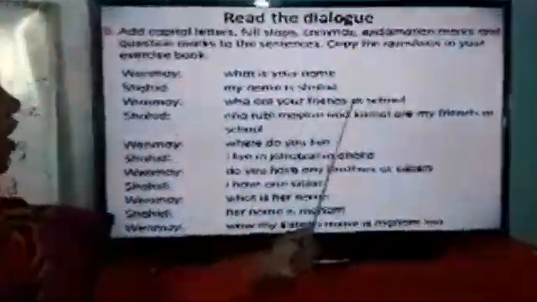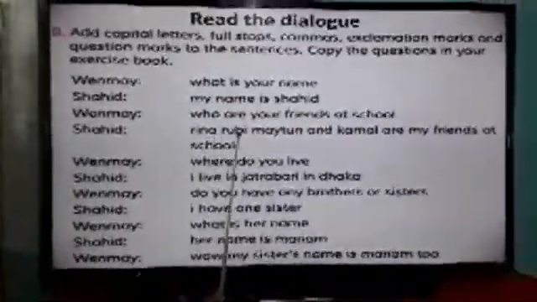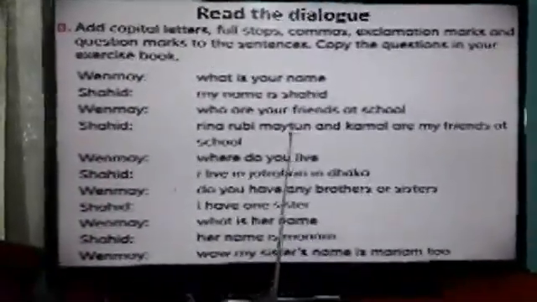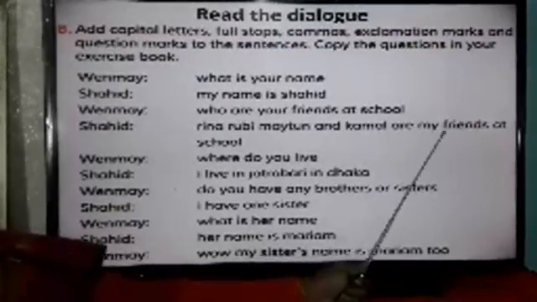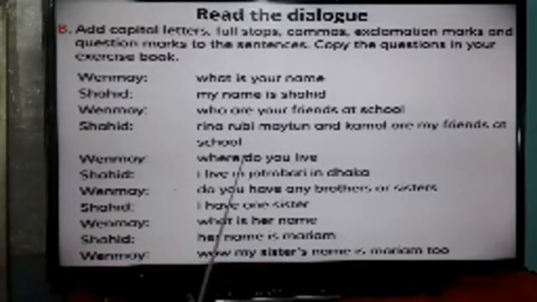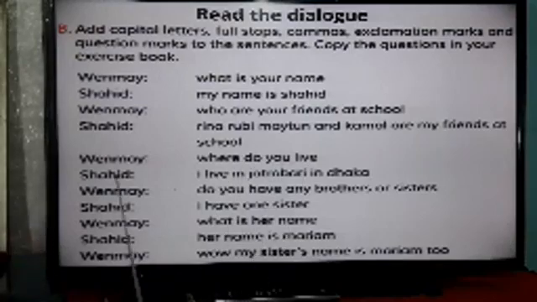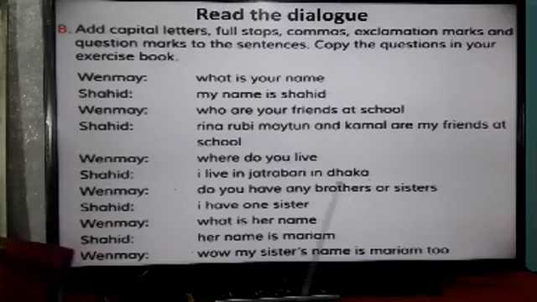Now, dear learners, next sentence, Oima says, who are your friends at school? ষয়II says, Rina, Ruby, Mithun and Kamal are my friends at school. Oima says, where do you live? ষয়II says, I live in Jatrabari in Dhaka.